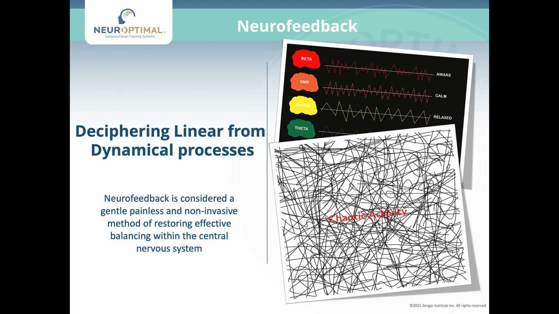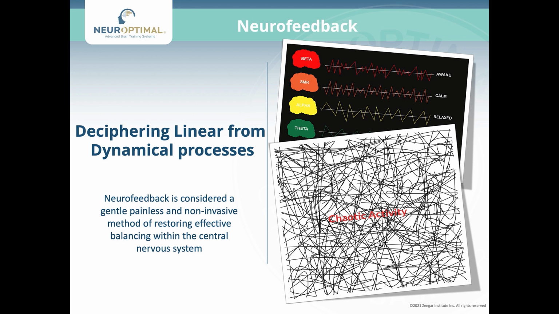A dynamical system understands that we don't have an internal balance. We are always in movement. And what is important is not an internal balance, but an ability to move in and out at will when needed.